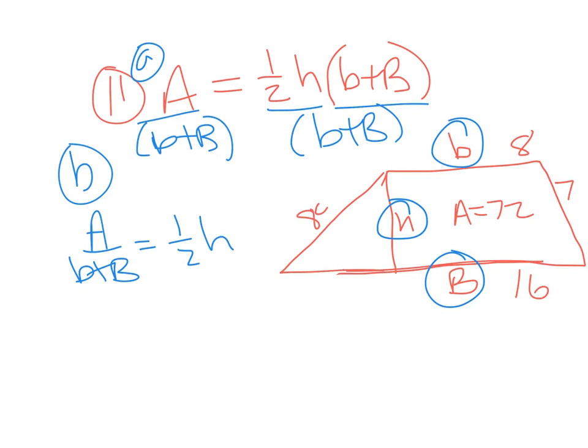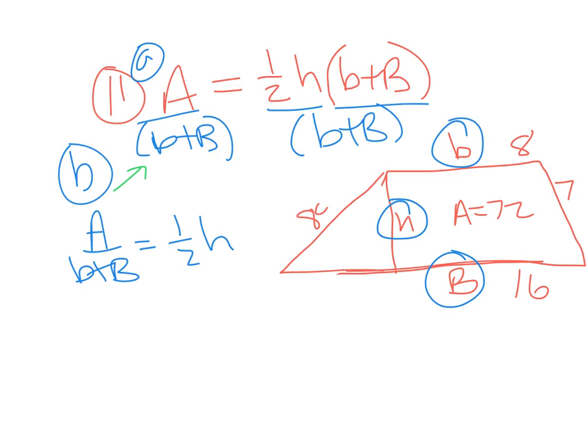Now how do I get the 1/2 out of there? But you're doing A or B? This is B. I just didn't rewrite the formula. I started it from the above formula, I did a little laziness, I'm sorry. Okay, so far I have A over little b plus big B equals 1/2 H. How do I get the H by itself?